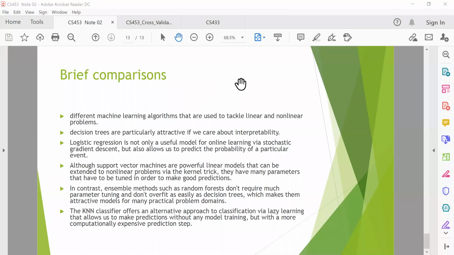So over here we have already learned a number of machine learning models, so let's take a brief comparison. Here it says different machine learning models are used to tackle linear and non-linear problems.